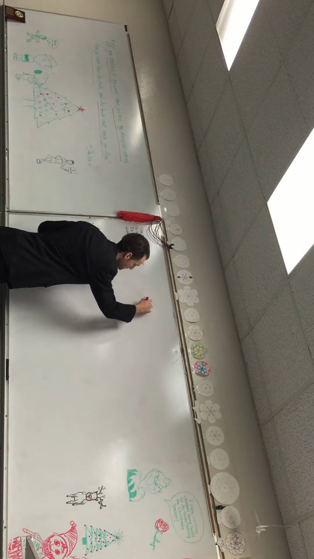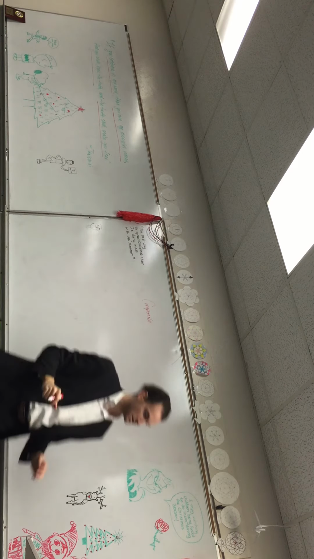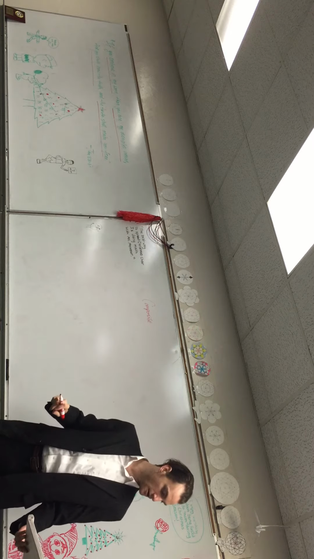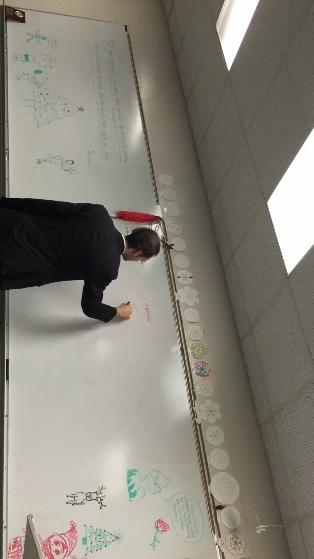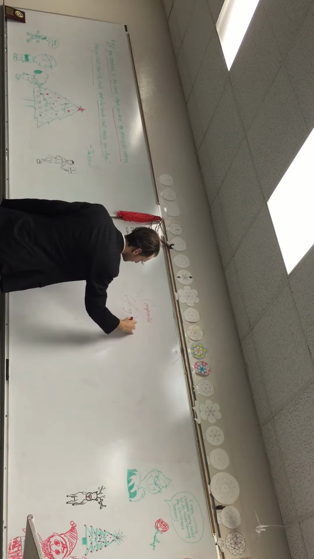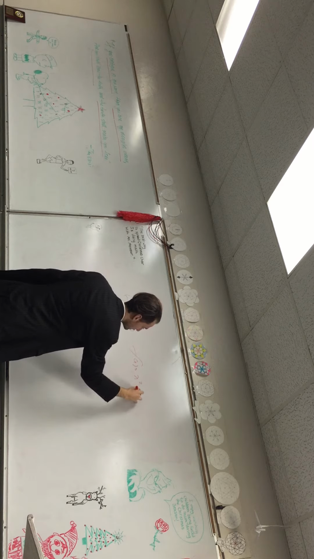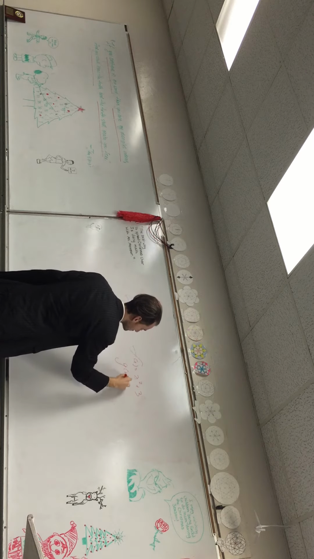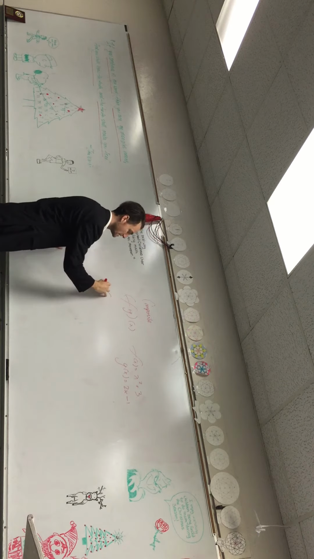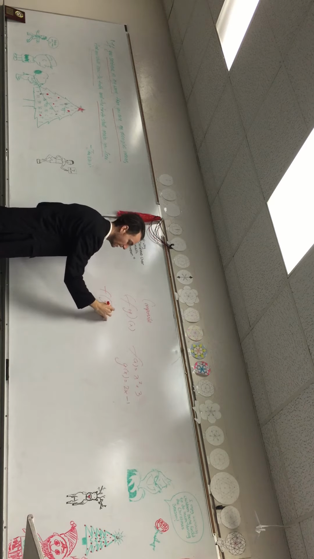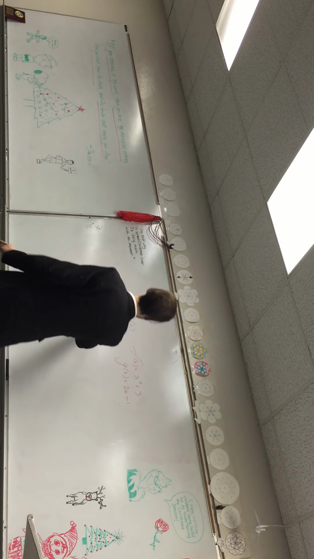Composite functions. I like composite functions. That's the f of g of x thing, right? If I have f of x equals x squared plus 3 and g of x equals 2x minus 1, right? f of g of x, wherever I see an x, I just plug in g of x.